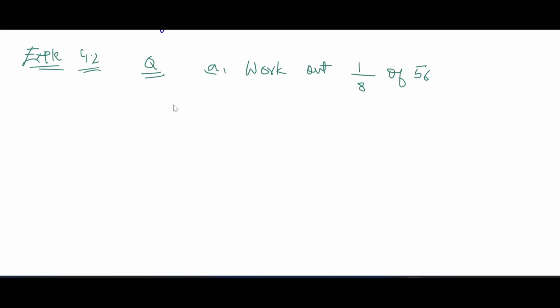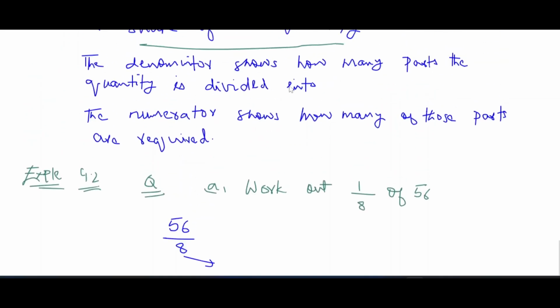We can solve it like 56 divided by 8. 8 is the denominator. What does it show? It shows how many parts the quantity is divided into. We want to divide 56 into 8 parts like this. So we want the 8th part of 56.